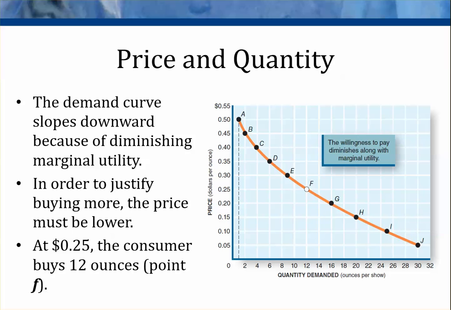So we can see the point F. However, if the price goes up to 30 cents, you can find that the demand will decrease to about 9 ounces. So as the quantity decreases, the price goes up.